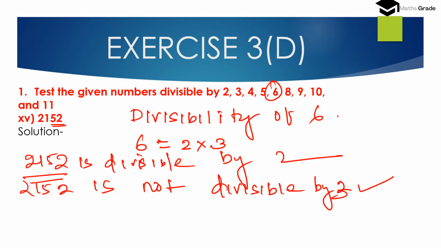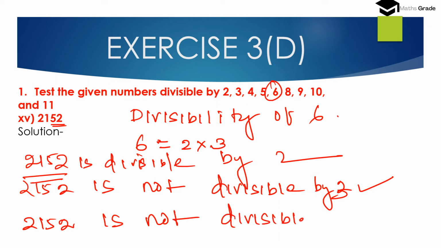So 2152 is only divisible by 2, but it is not divisible by 3. So this number 2152 is not divisible by 6, because it is not divisible by 3. It is divisible by 2 only.